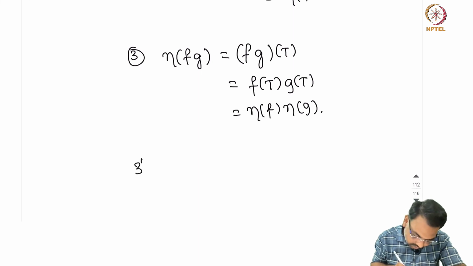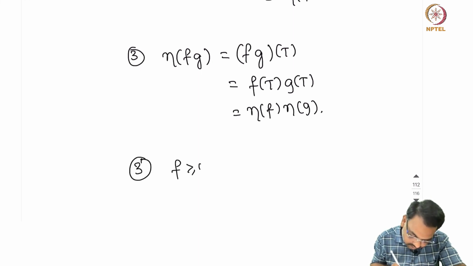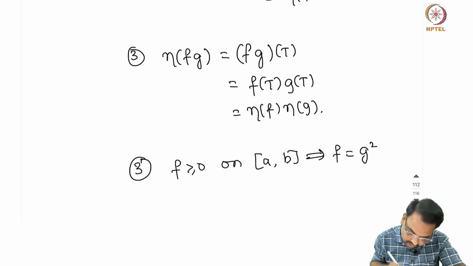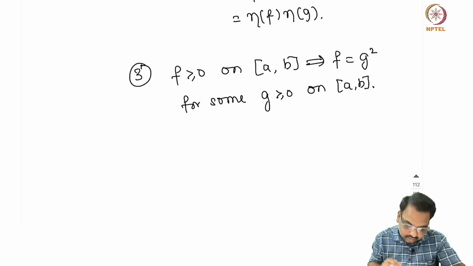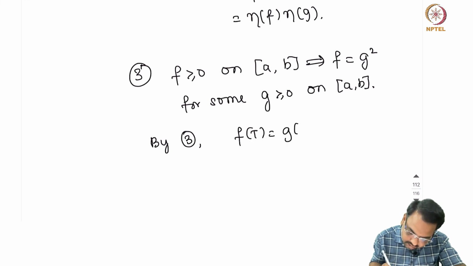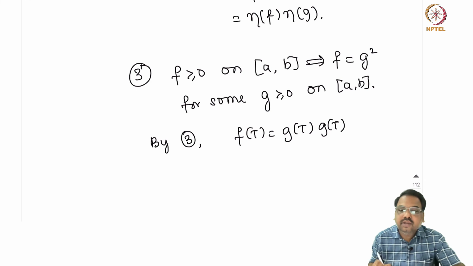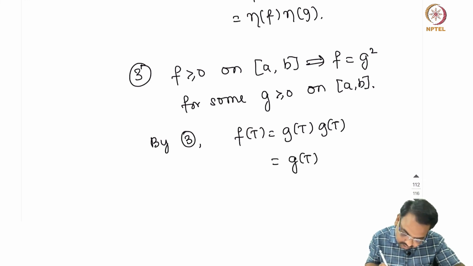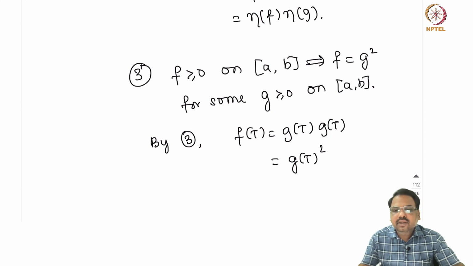As a corollary of the third one, suppose f is positive on AB, then f can be written as g square for some g positive on AB. Now by 3, we can write f of t as g of t into g of t, that is g of t square, and we know that g of t is self adjoint.